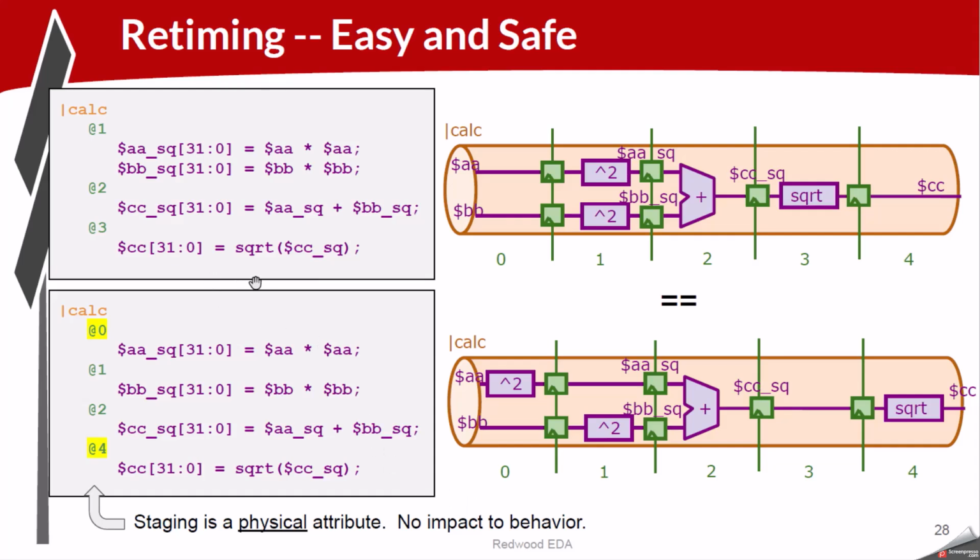In this example, we're starting out with our original pipeline, and the pipelines are conceptually infinite in both directions. But we've got our logic spread across 3 stages, and if we now need to spread that logic over more stages, we can do that. Why would you want to do that?